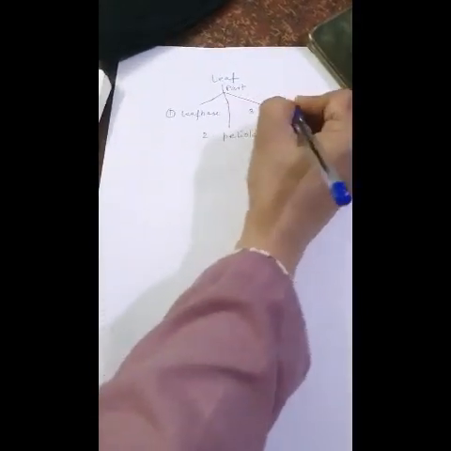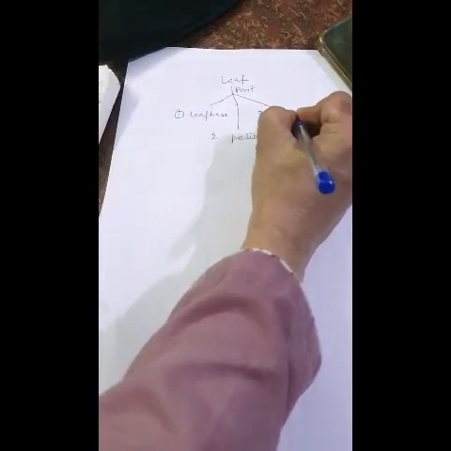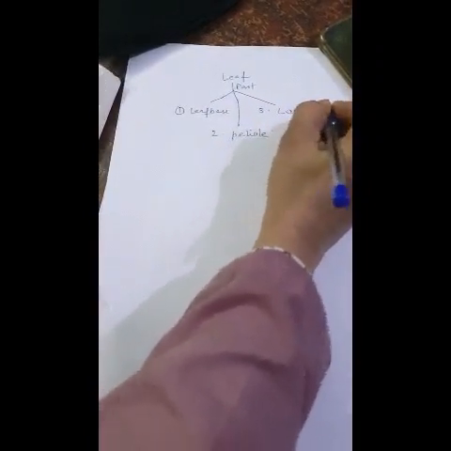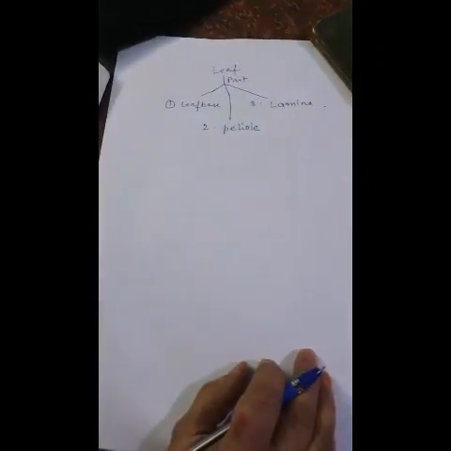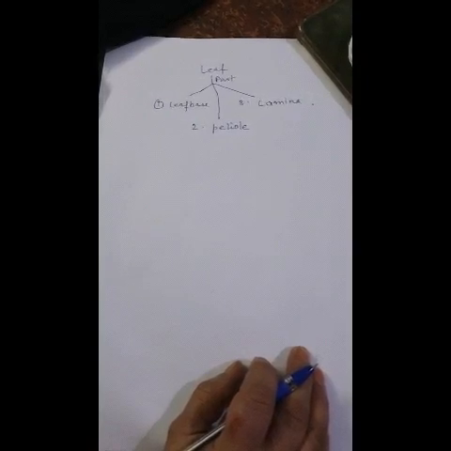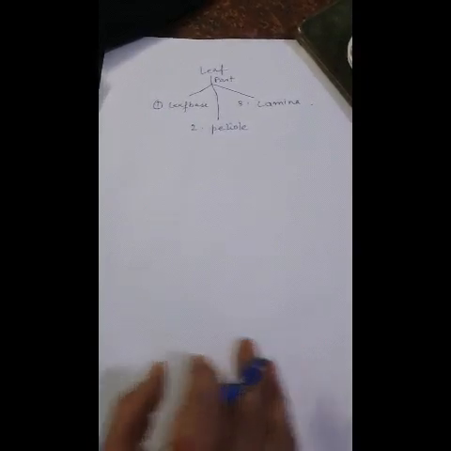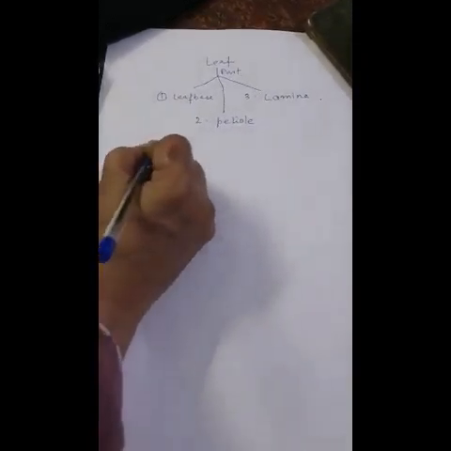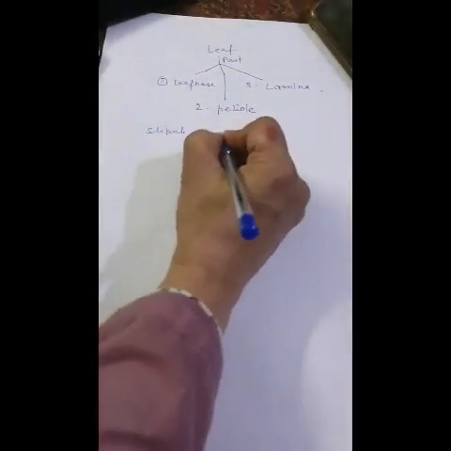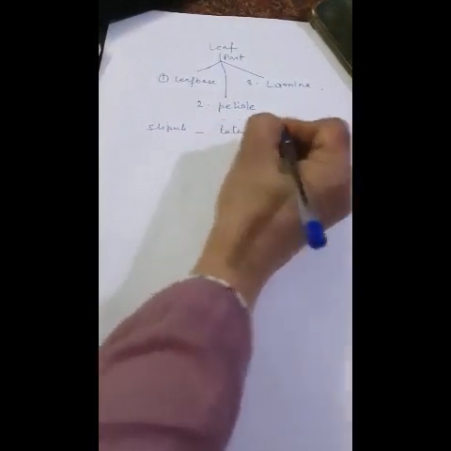Third is lamina. Leaf is attached to the stem by leaf base. Okay, lateral small leaf-like structure is stipule.